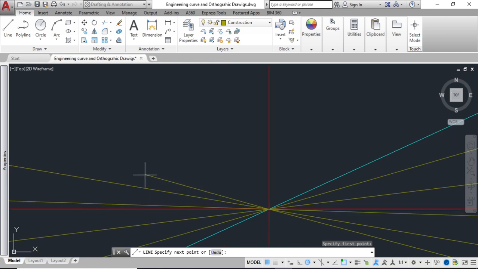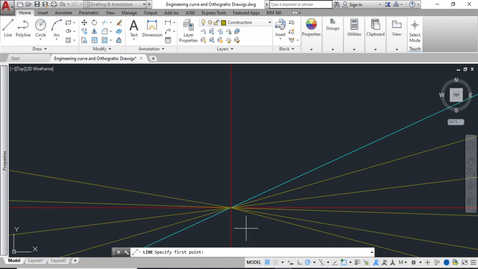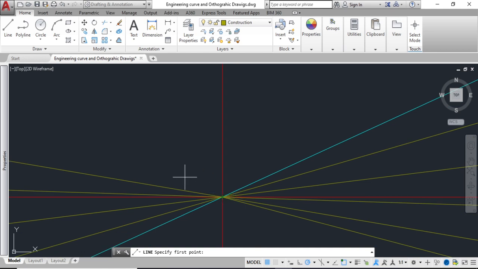So it gives you a kind of indication that you are in line with this line here. Right there.